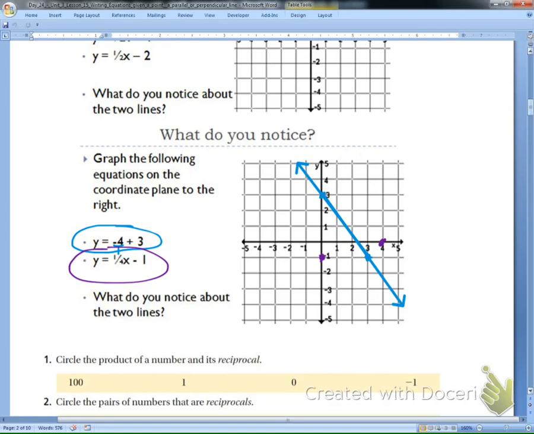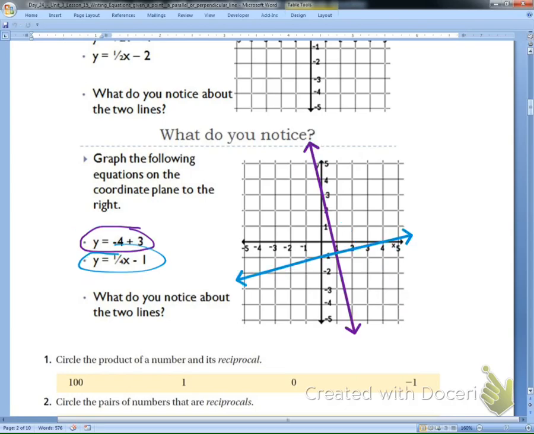And then connect the dots with the line. Let me see if I graph that as straight as I possibly can. Let me check this again. Okay, maybe you caught my mistake. I regraphed that first equation.